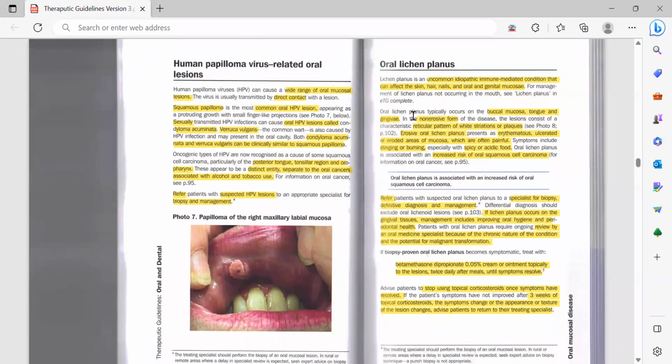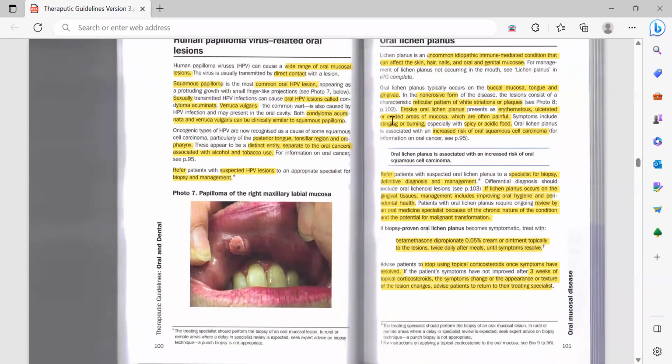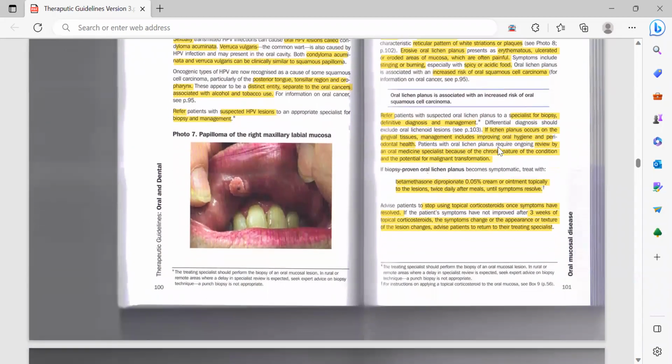It has two forms. The non-erosive form has the characteristic reticular pattern, and the erosive form has erythematous, ulcerated, or eroded areas, which are often painful and symptomatic, and that can also increase the risk. Oral lichen planus is also associated with an increased risk of cancer. What you need to do is refer the patient for continued reviews, follow-ups, and biopsies.